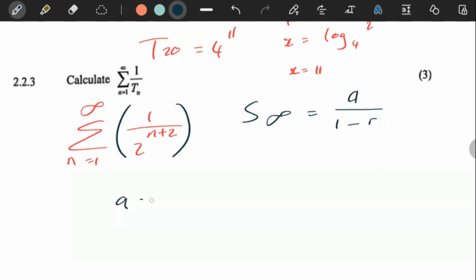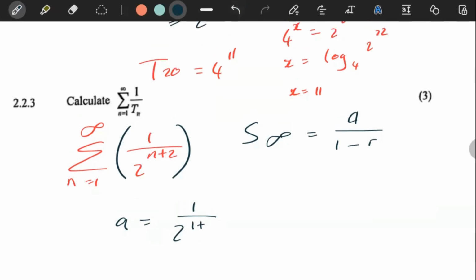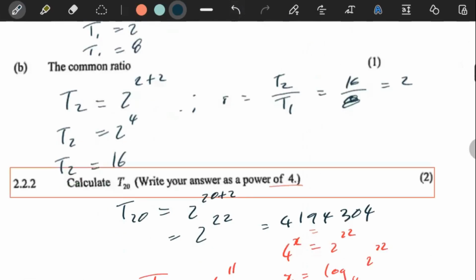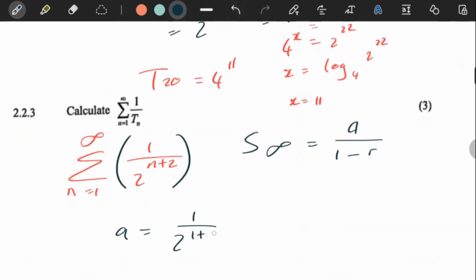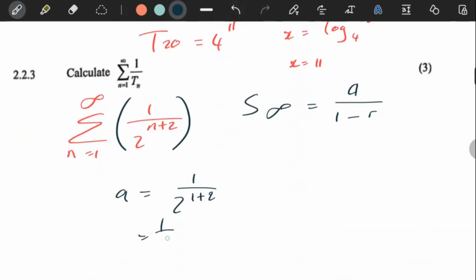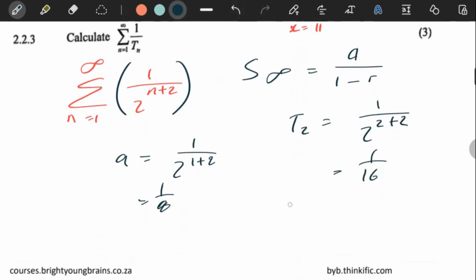So the first term here is 1 over 2 to the power of 1 plus 2, so this is 1 over 8. And then term number 2 would have been 1 over 2 to the power of 2 plus 2, which is 1 over 16. So therefore our value of r would have been 1 over 16 divided by 1 over 8. This would have been a half.